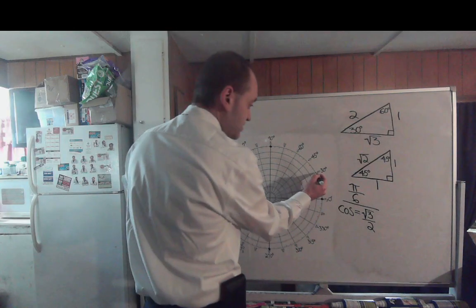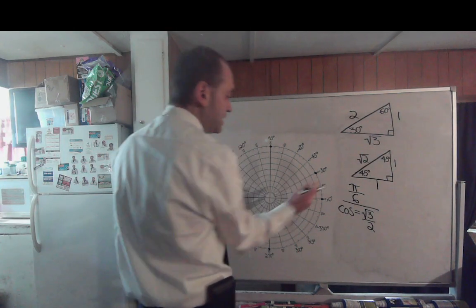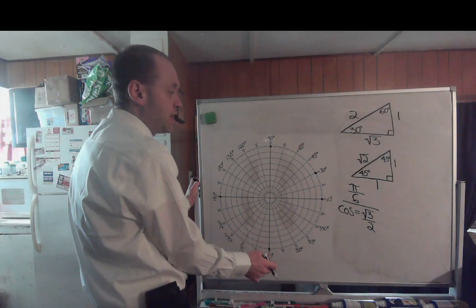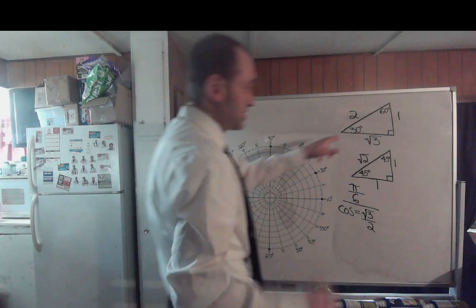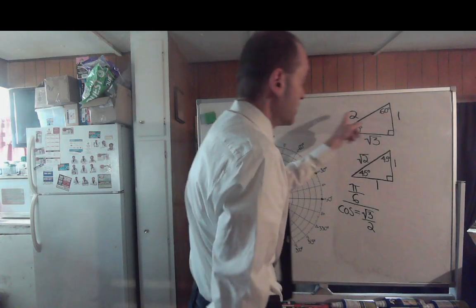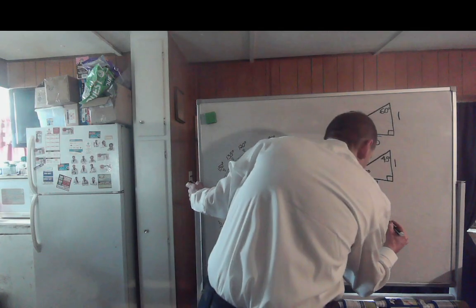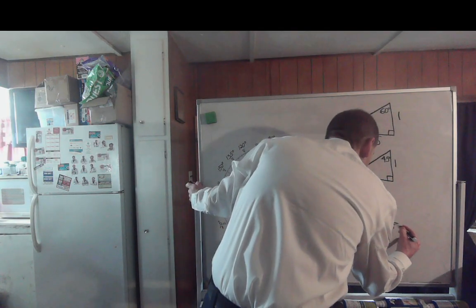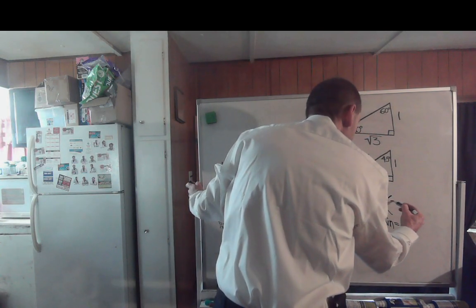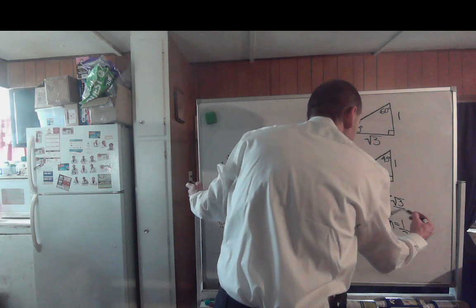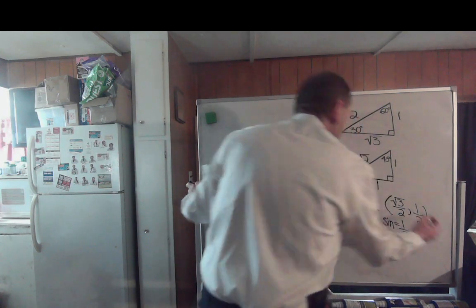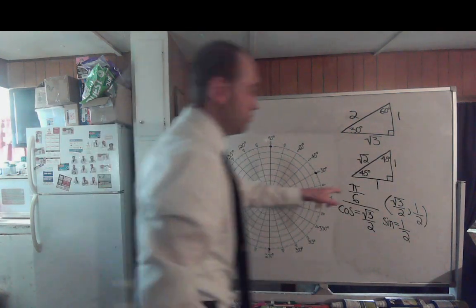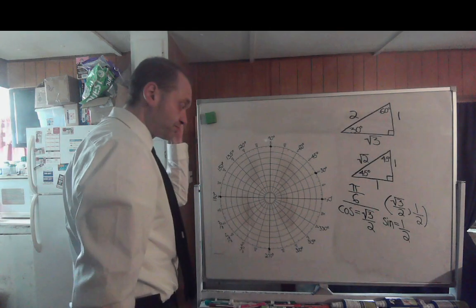And of course, this is all still radius 1, we'll plot that point there. And now, what's the sine of pi over 6, or the sine of 30? Opposite over hypotenuse, that'd be 1/2, right? So that means your xy coordinates would be the square root of 3 over 2, then 1 over 2. That would be your ordered pair that corresponds to pi over 6.